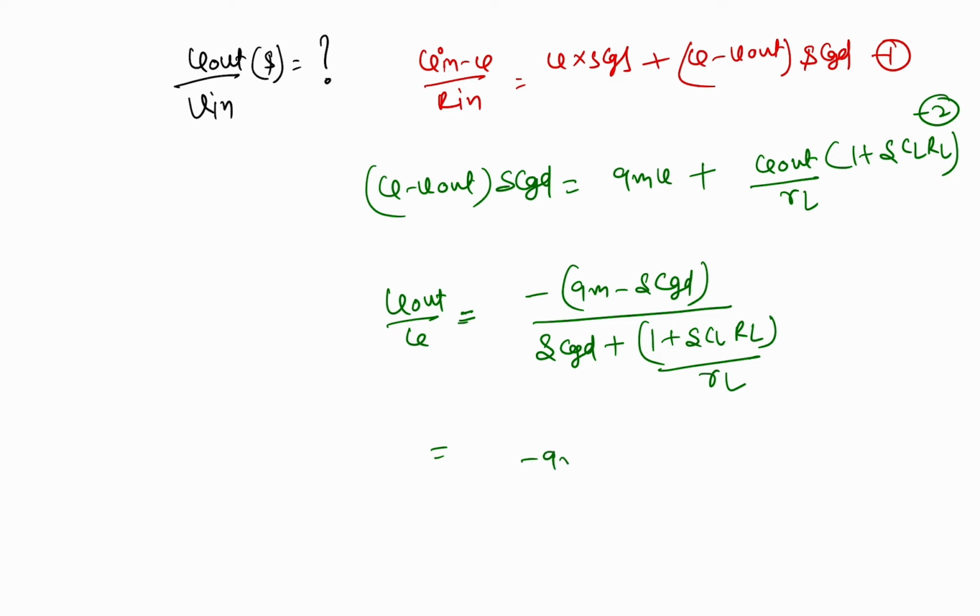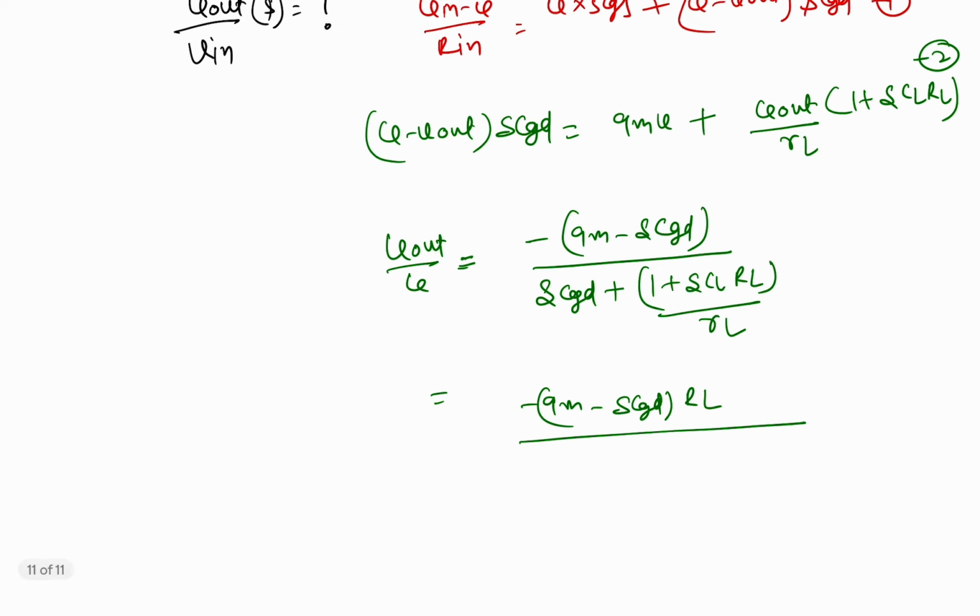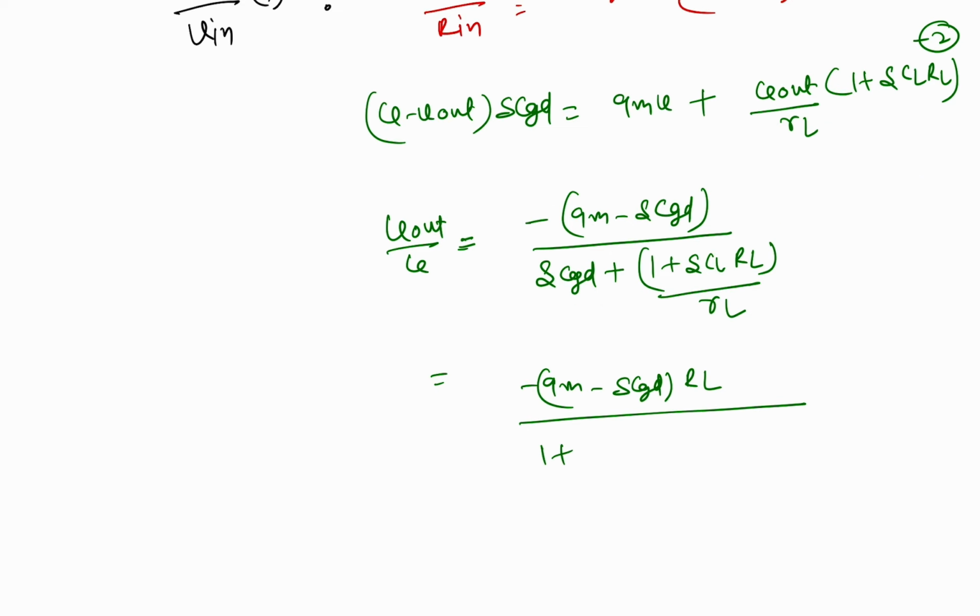So you will get gm minus s Cgd times RL divided by 1 plus s CL RL plus s Cgd times RL.